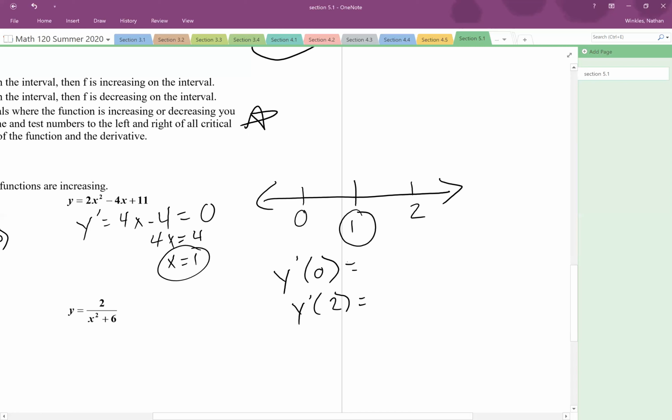I'm not really worried about the value as much as we are worried about the sign. Is it positive, negative? What's going on there? So we plug 0 into our derivative. So 4 times 0 minus 4 gives us negative 4. So above that 0, we'll put a big negative sign. At 2, 4 times 2 minus 4 is 8 minus 4, which is positive 4. I'm going to put a plus sign.